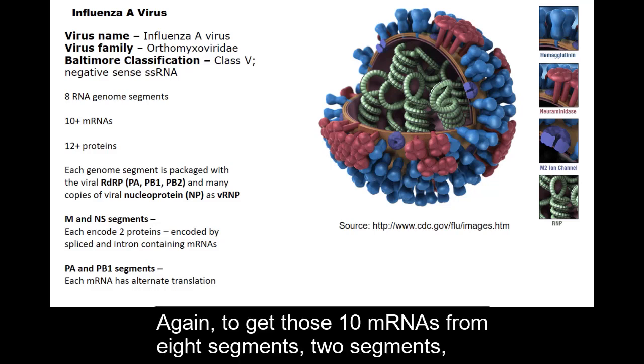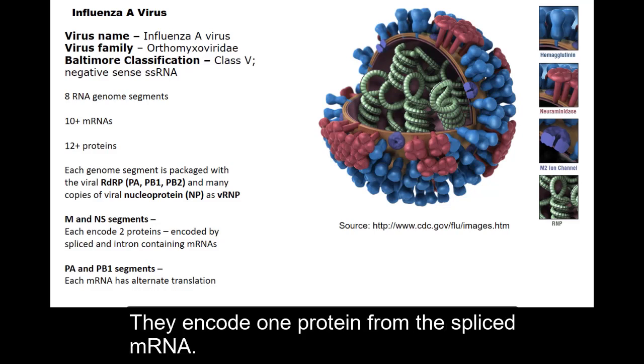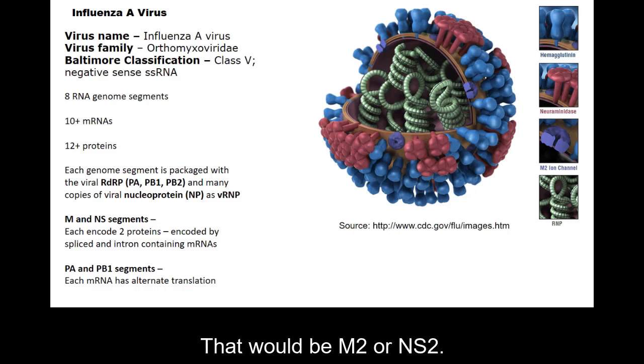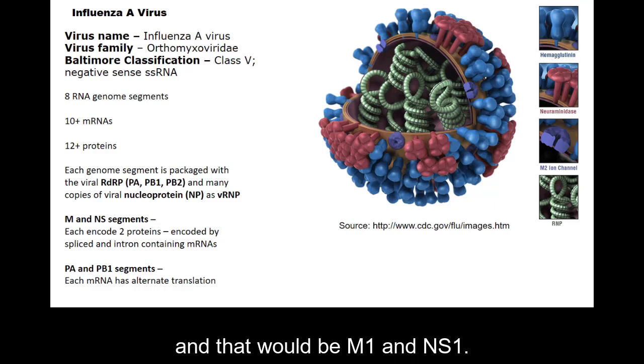Again, to get those 10 mRNAs from 8 segments, 2 segments, M and NS, each encode 2 proteins. They encode 1 protein from the spliced mRNA, that would be M2 or NS2, and then 1 protein from the intron-containing full-length mRNA, and that would be M1 and NS1.